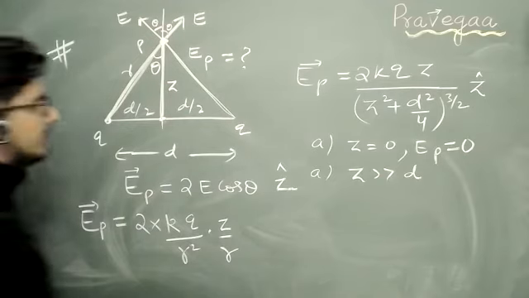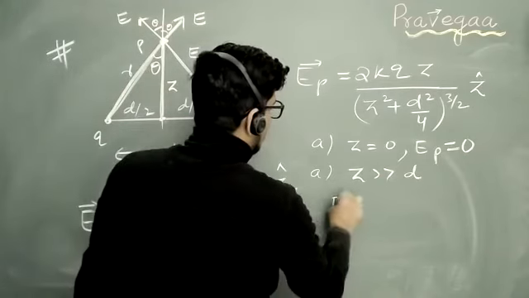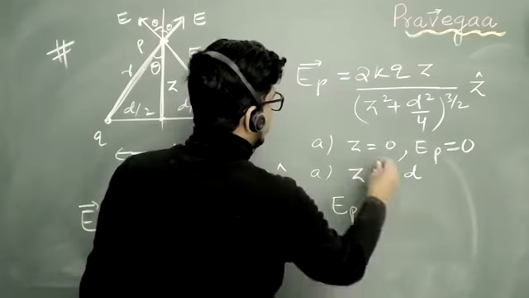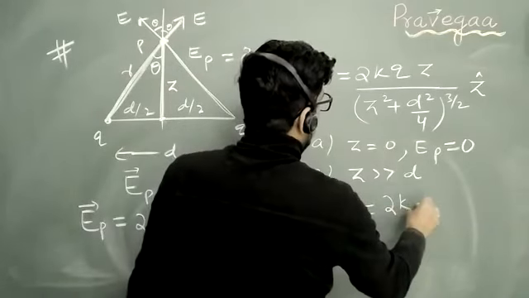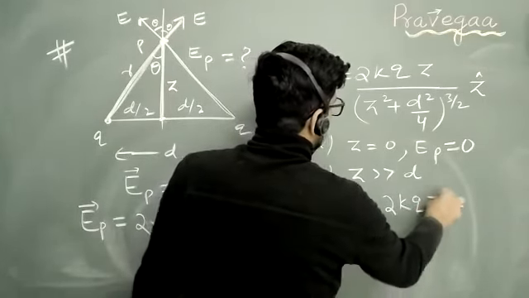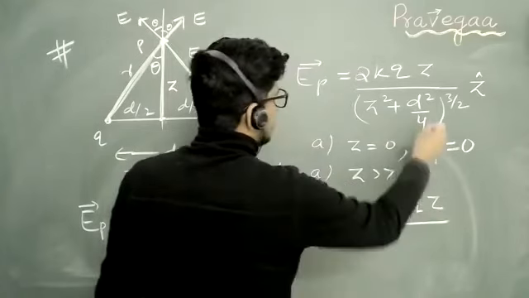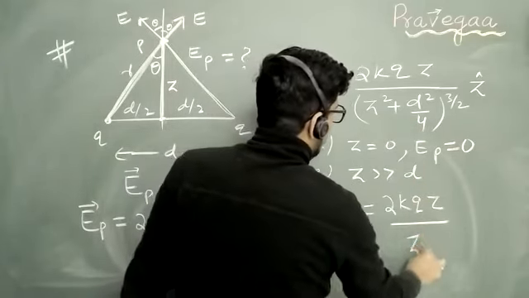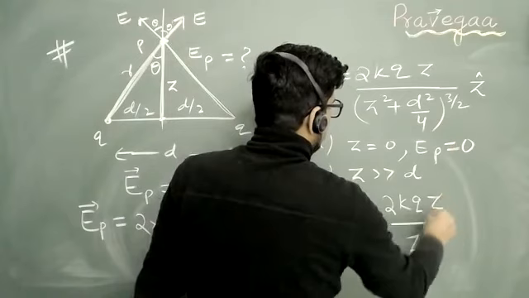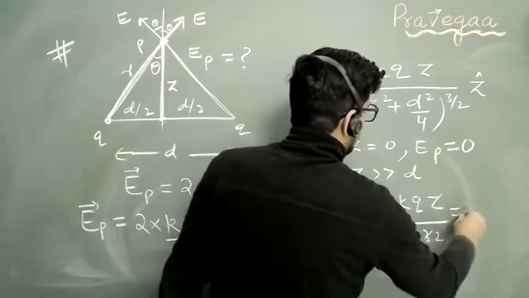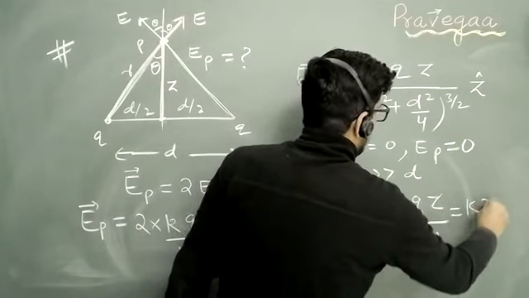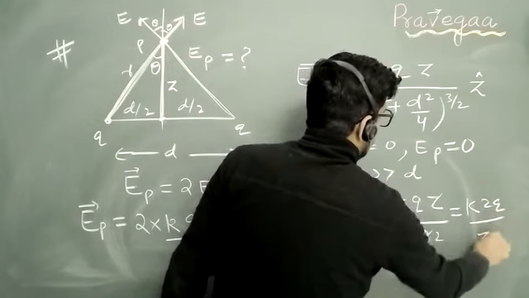So what will happen? Your EP will become 2kq z over z to the power 3, and this will cancel. It will become z square. So it will become k 2q over z square.